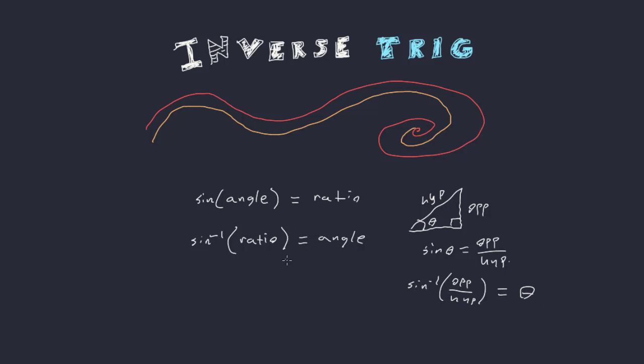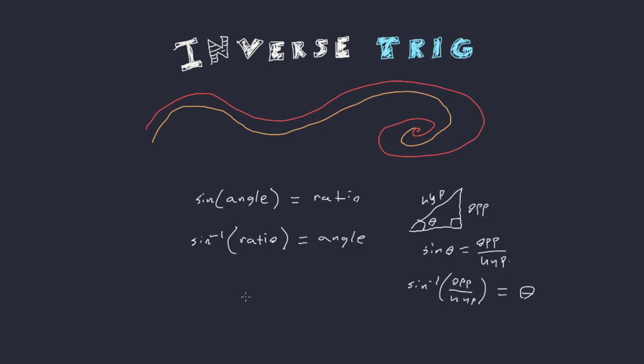This could also sit on a circle, with x, y coordinates, and that's how every trig function basically works. You give them an angle and they tell you a ratio based on a right triangle or the unit circle. The inverse function, we give it the ratio we want and it spits out the angle needed to do that.